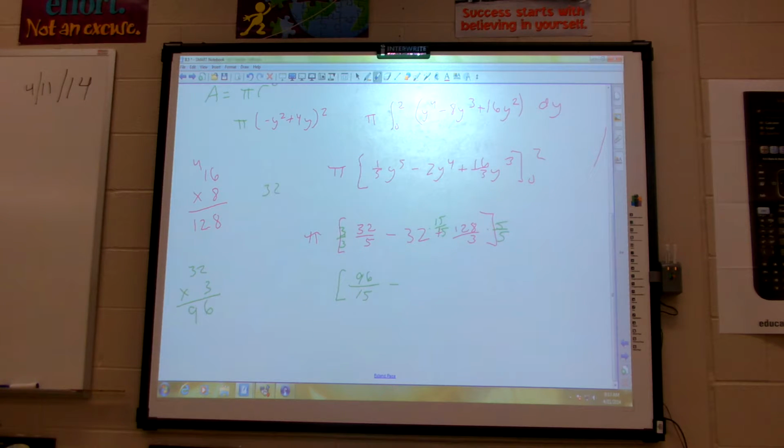Then 32 times 15 is 480 over 15. Then we have 128 times 5, which is 640. Just basic math, right? I mean, it takes a while, but it's just basic math.